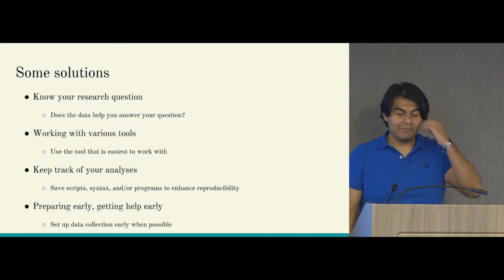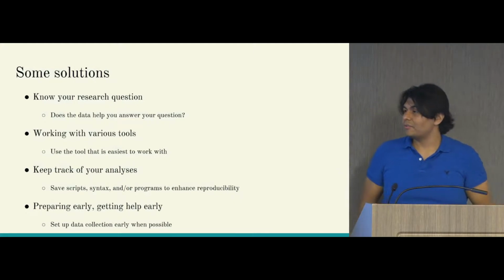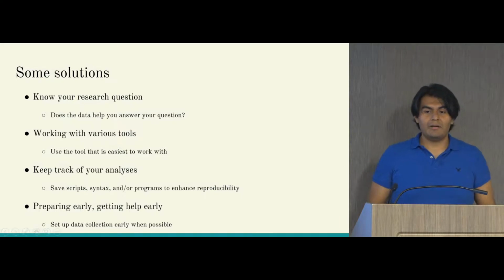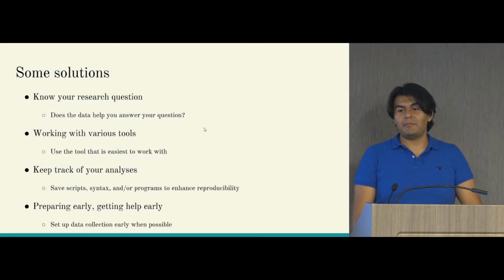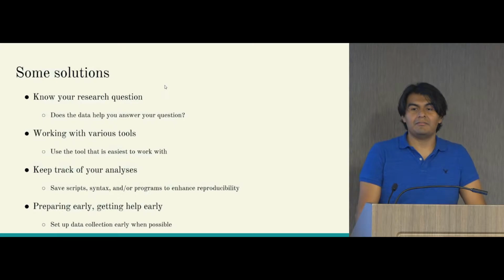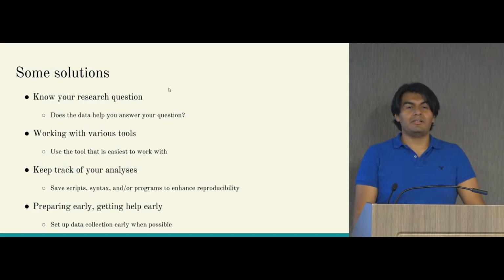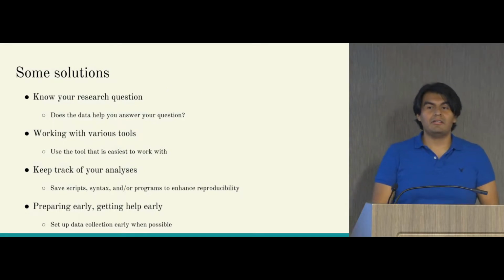So some of the solutions I mentioned: know your research question, know what effect you're looking for in your data, and whether your data can answer that question. If you're working with public data, sometimes you might not have the right variable that would answer your research question, so you might have to look for other data sets.